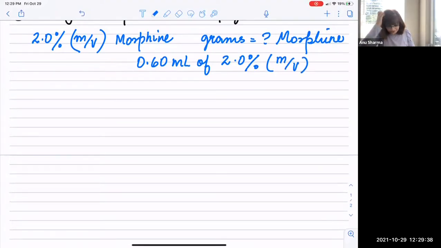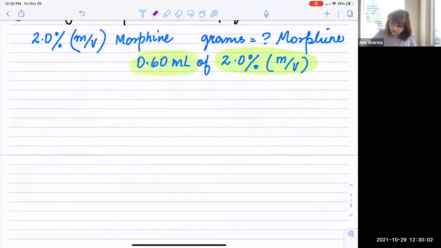Okay, so we need to basically focus on these two. A 2.0% mass by volume solution is ordered, and 0.60 milliliters of that solution is ordered. So how many grams of morphine is one getting?